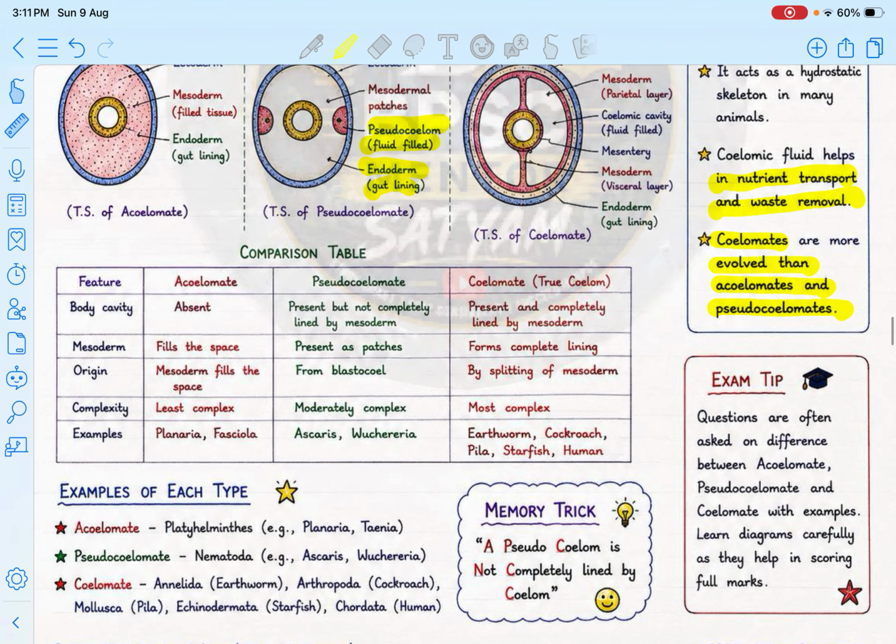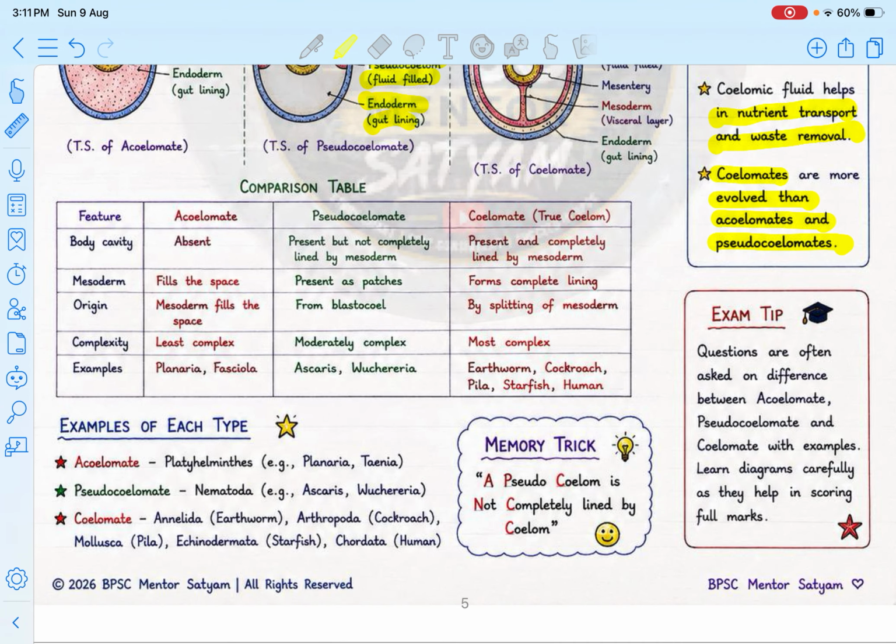Okay, now here is a comparison table. For example, in acoelomates the body cavity is absent, and in pseudocoelomates it is present but not completely lined by the mesoderm. But in coelomates, we call it a true coelom, present and completely lined by the mesoderm. And what about the mesoderm?